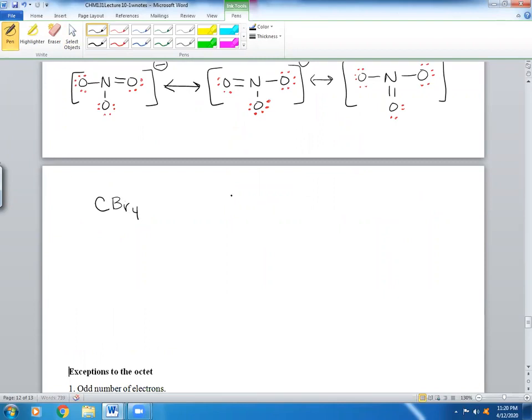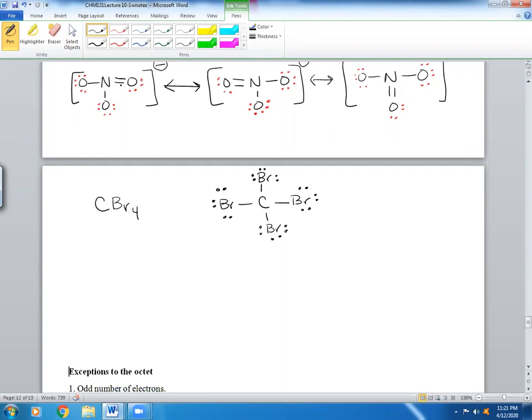If you draw this, you would get this structure, where they have lone pairs, 6 of them on each bromine. Question is, do you have any resonance structures? No, you don't have any.